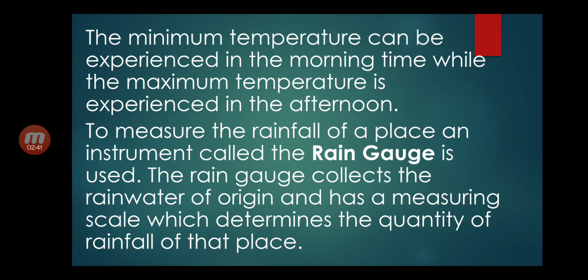To measure the rainfall of a place, an instrument called the rain gauge is used. The rain gauge collects the rainwater of a place and has a measuring scale which determines the quantity of rainfall of that place.